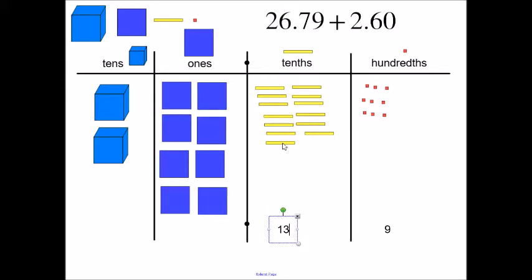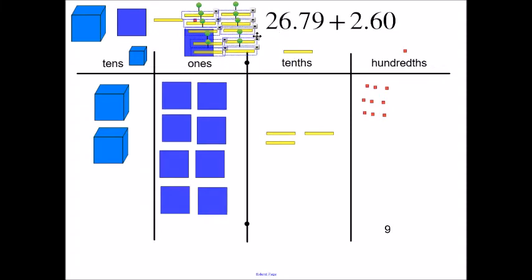Well, that creates a bit of a problem because I can't put 2 digits in the tenths position. So what I'm going to have to do is group 10 of these together and exchange them for a 1s or for this square. So I'm going to have 1, 2, 3, 4, 5, 6, 7, 8, 9, 10.